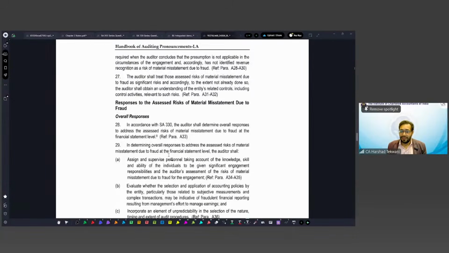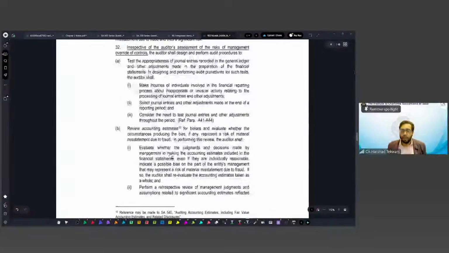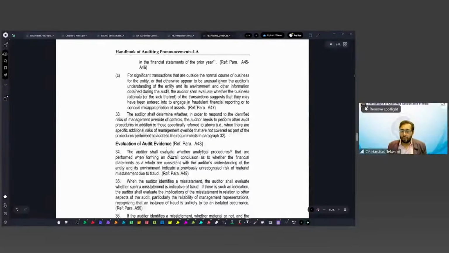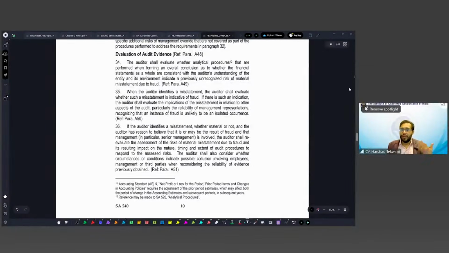The standard gives you a chance to say that if there is no fraud risk, then fraud risk is not there, and accordingly we don't think any further testing is required in this particular area. So the standard allows this only for the risk of fraud in revenue recognition, not anywhere else.